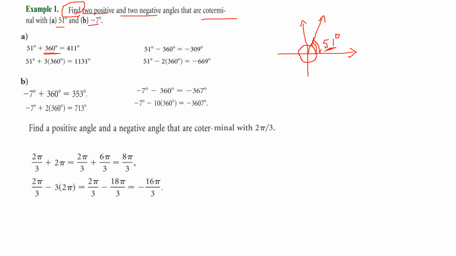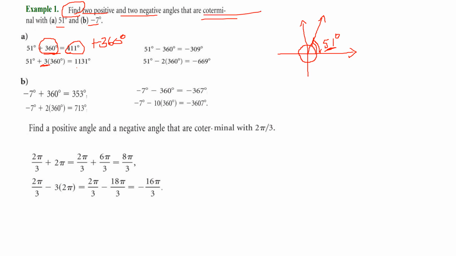No need to multiply 3 times 360; even taking this answer plus 360 degrees is also correct. So we have many possible answers. They ask for only two positive, so this is enough. You just need to add 360 degrees to get positive coterminal angles.